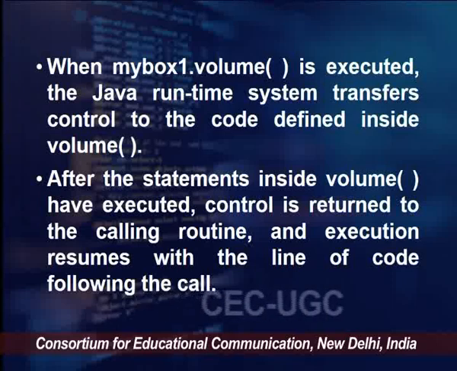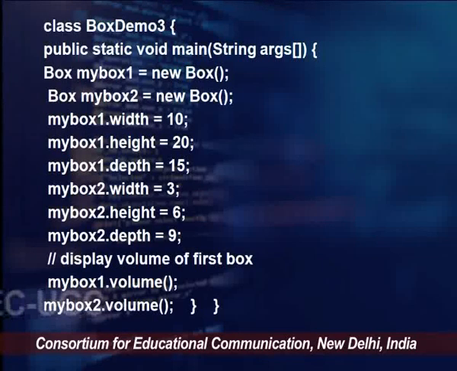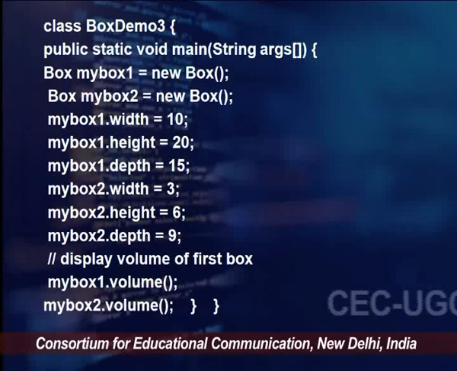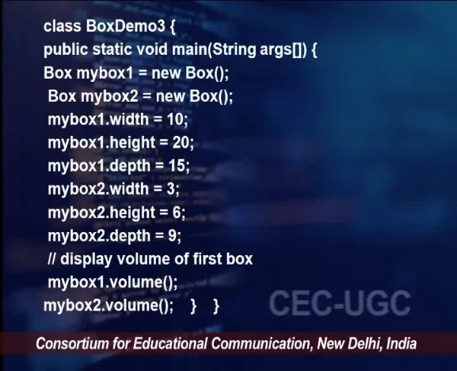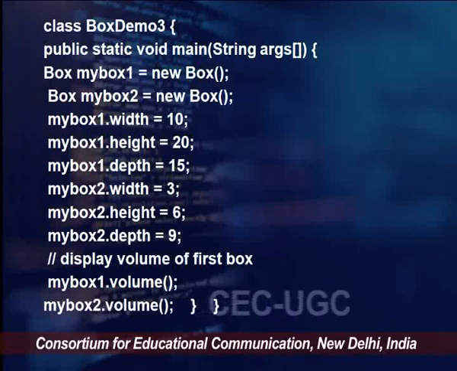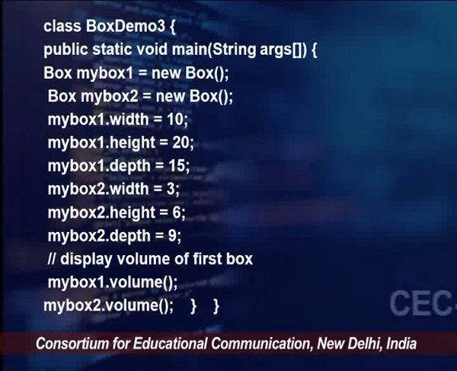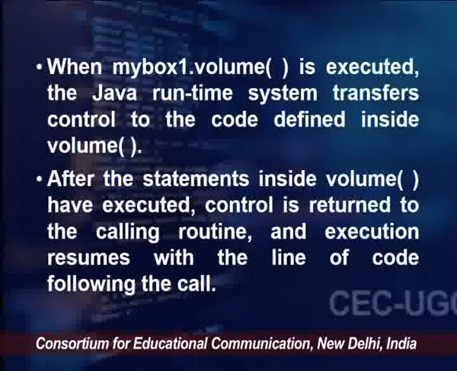So, for example, when we talk about myBox1.volume, control from here will go to the volume code written in another class file, and after its execution the control will come back here, and the next line, myBox2.volume, will start executing. The similar process will happen again because of the statement myBox2.volume. It will go back to the volume function, execute that function, and then when the control is returned to the calling routine, execution resumes with the line of code following the call, which is the closing parenthesis here in our program.